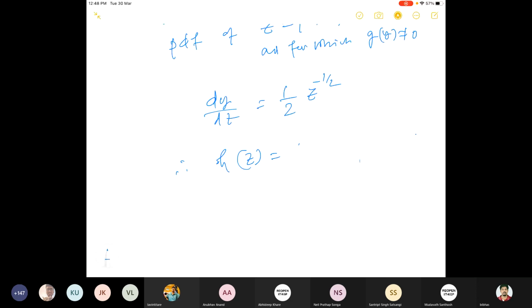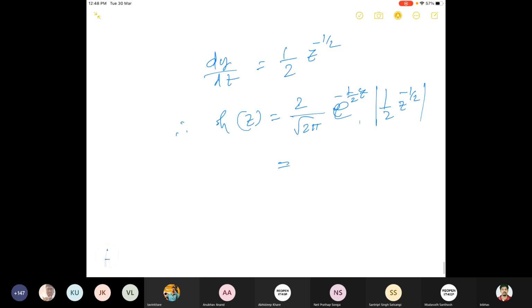Let us just use the formula, and then it will be 1 by square root of 2 pi, e to the power minus half z, and mod of half z to the power minus half. Ultimately it gives us 1 by square root of 2 pi, z to the power minus half, e to the power minus half z for z bigger than 0, and otherwise it is 0.